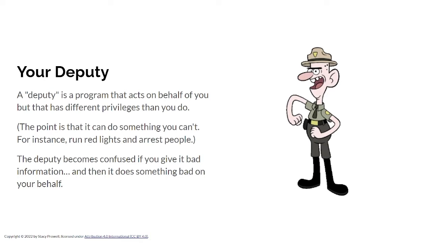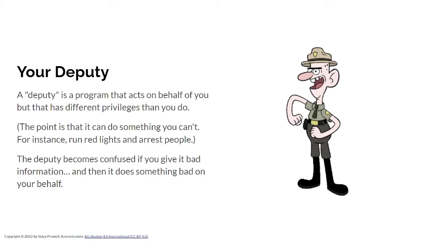But maybe you can trick the deputy into doing those things for you when it really shouldn't. And that's the issue we're talking about here. Can I trick part of the system into doing something for me that it really shouldn't do to benefit me?